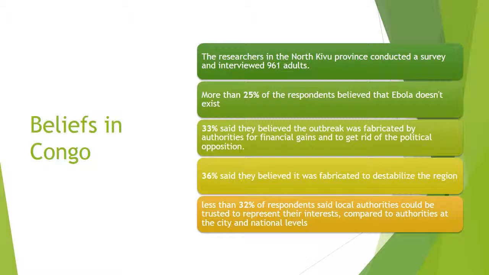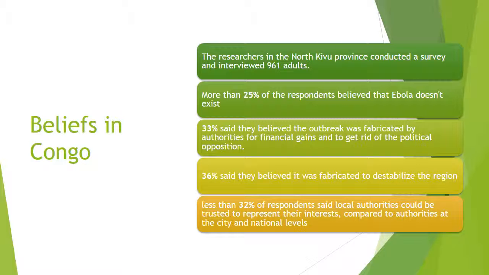More than 25% of the respondents believed that Ebola doesn't even exist, and 33% believed that the outbreak was fabricated by the authorities for financial gain or to get rid of the political opposition. 36% said they believed it was fabricated to destabilize the region, most likely for what I just said.